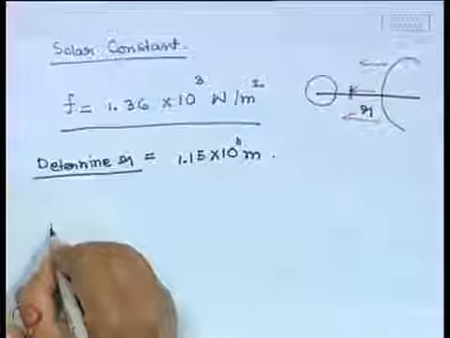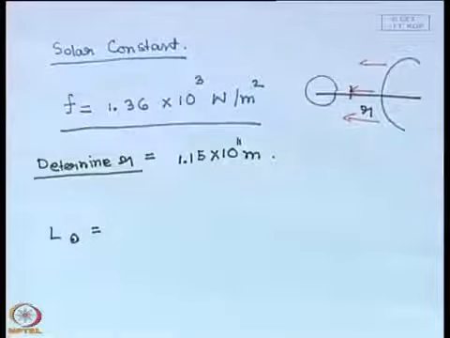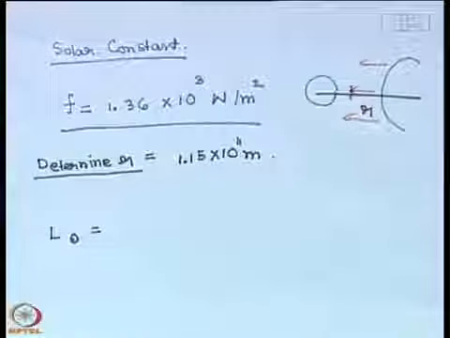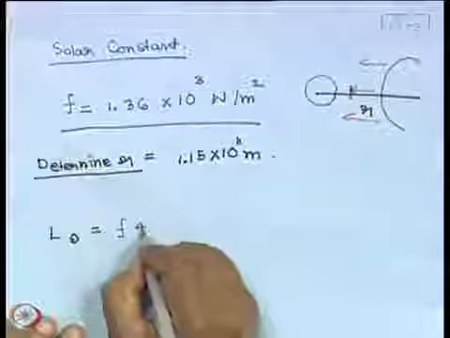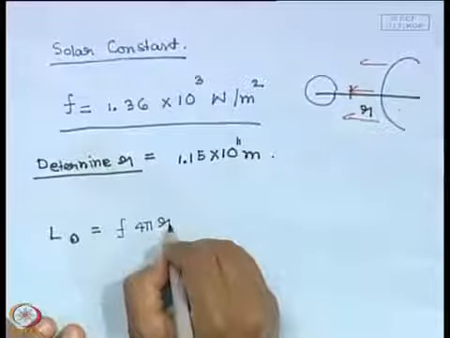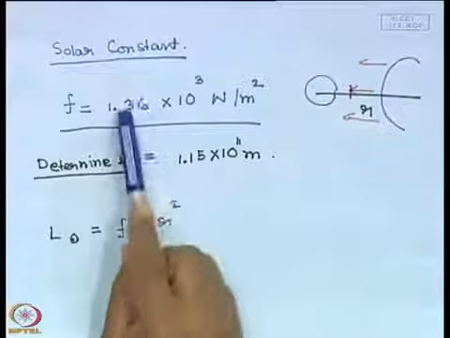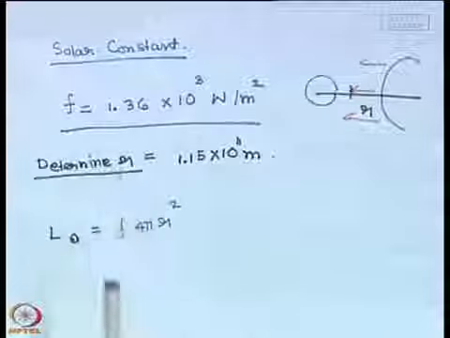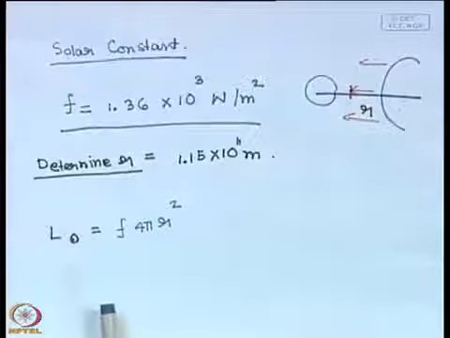So, the solar luminosity L Sun is the flux into 4 pi r square. This is directly measurable, and this can be determined from a variety of observations. So, once you know these two things, you can determine the total radiation that comes out from the sun. This is the solar luminosity.